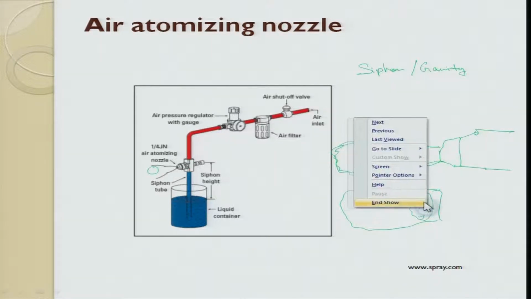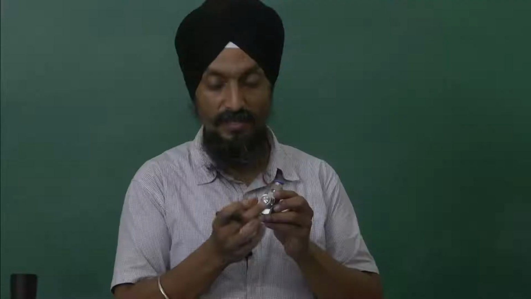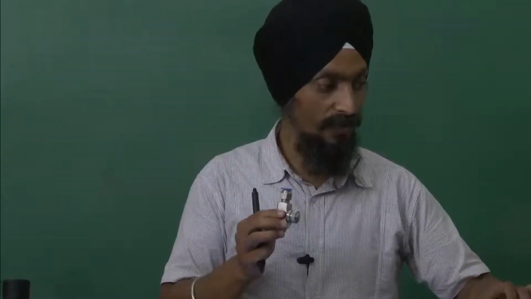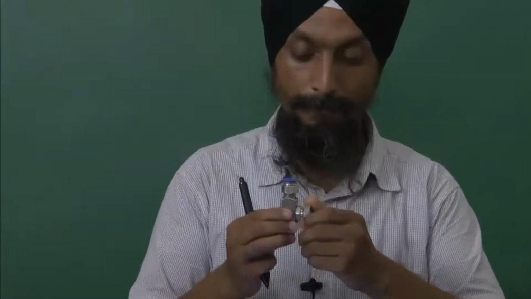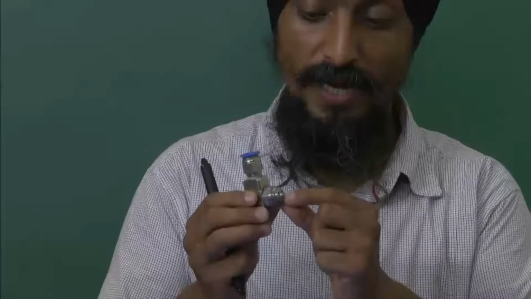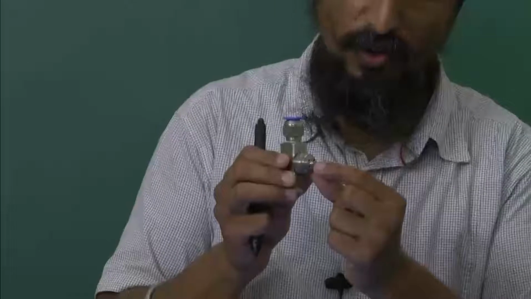And this front hole determines the kind of pressure and the type of pattern we need to have. So in this case we have this air cap, this is the air cap, the fluid cap, and we have 4 holes and an orifice inside.